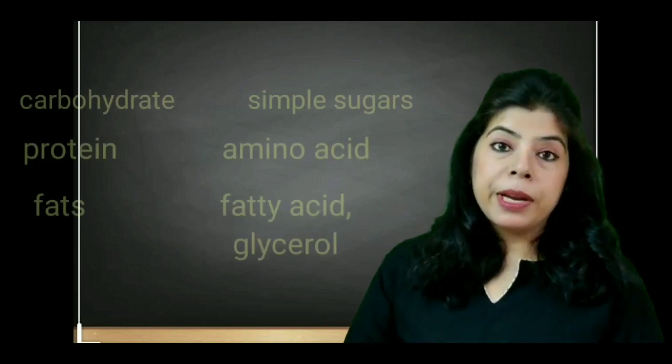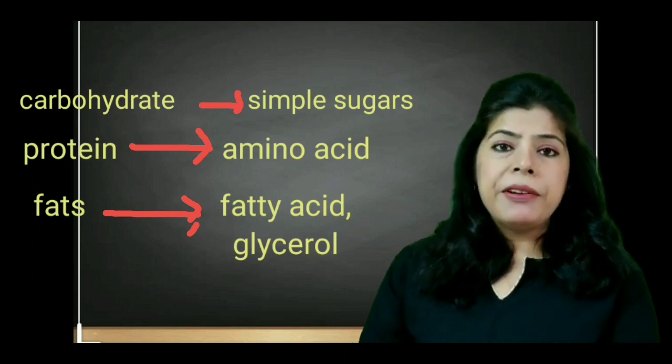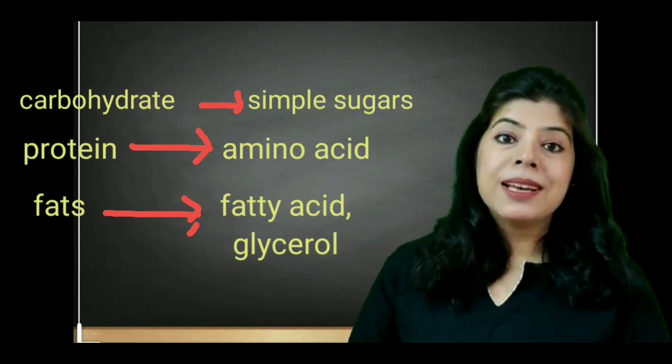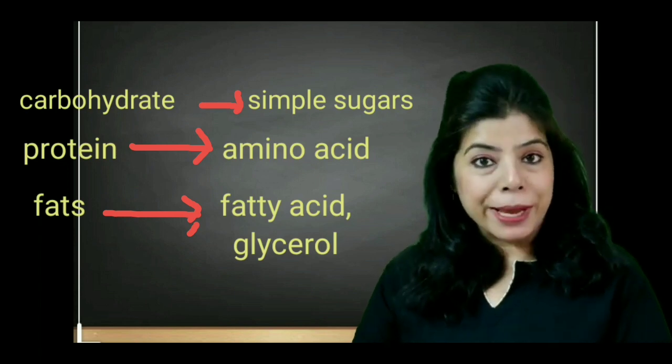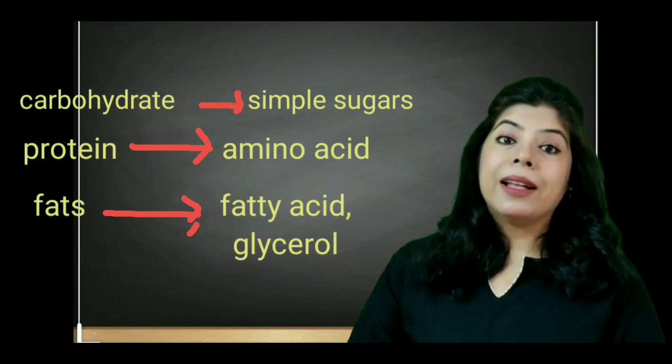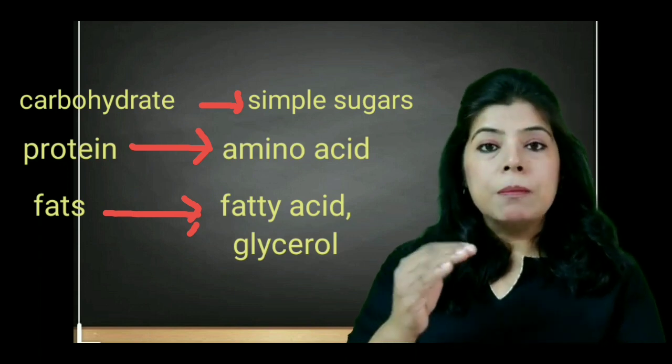Like the carbohydrate is converted into a very simple sugar. Most of the carbohydrate is converted into glucose. The protein is converted into amino acids, and the fats are converted into fatty acids and glycerol. So in this simple form, my body can easily absorb these nutrients. And this happens in the process of digestion.